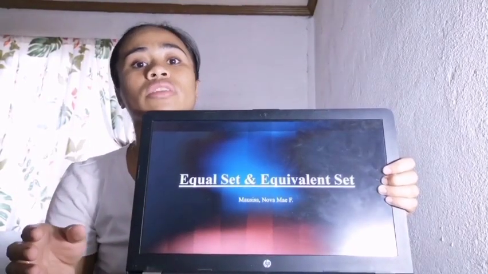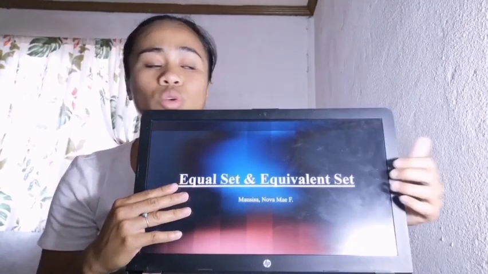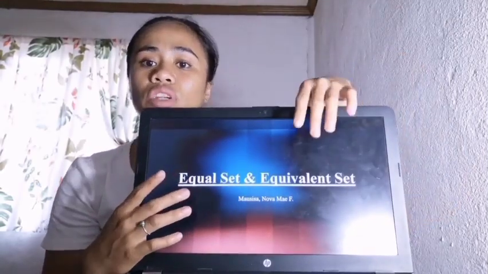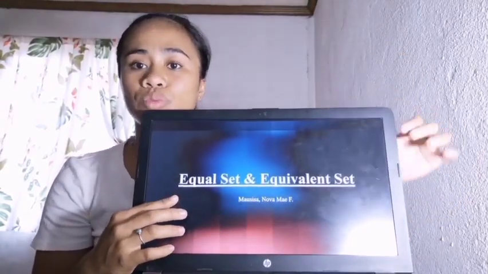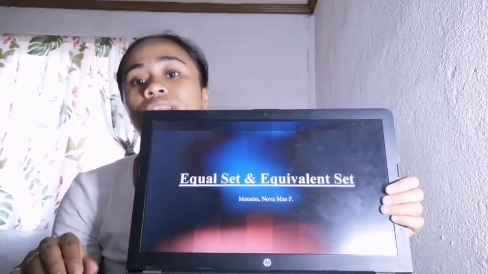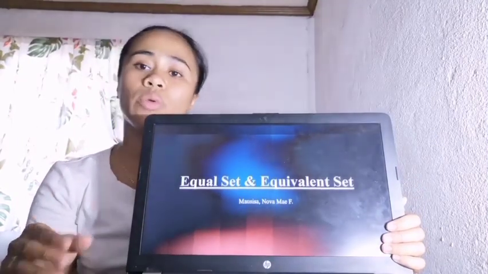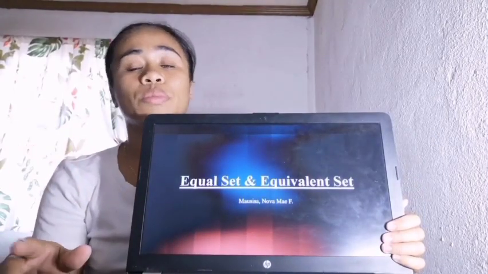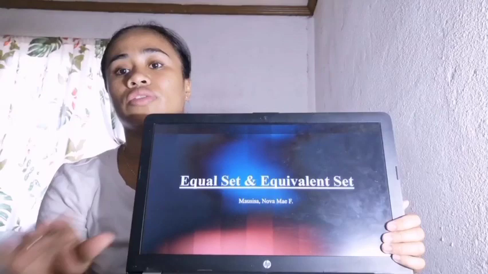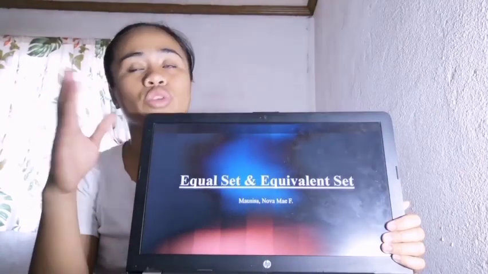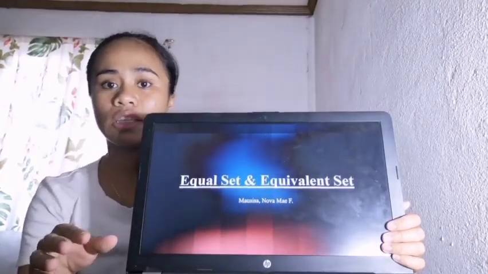But before we divide into equal and equivalent sets, let us understand first what is cardinality, because later on we are going to use cardinality for their differences for you to be able to understand the lesson.